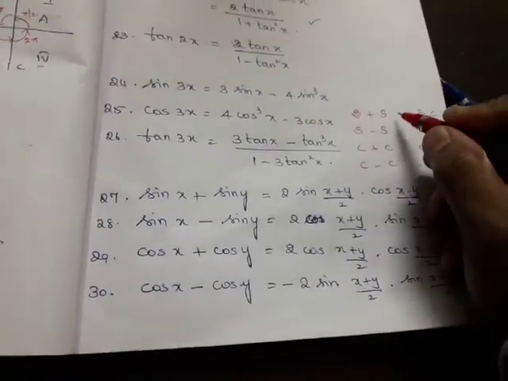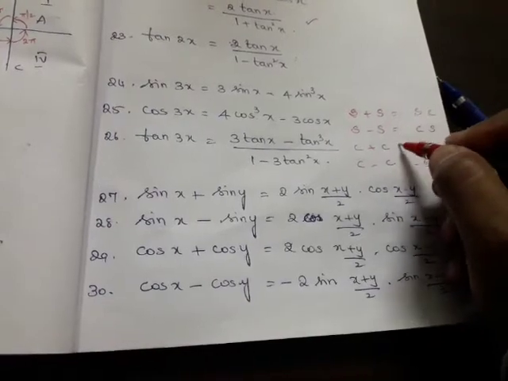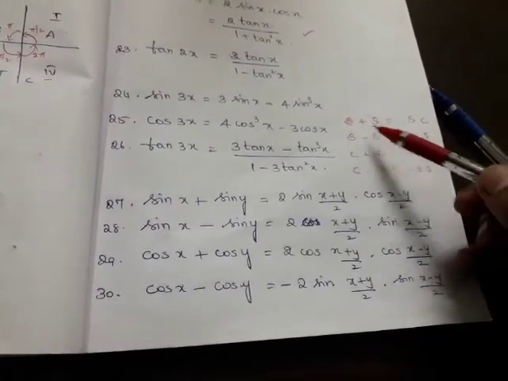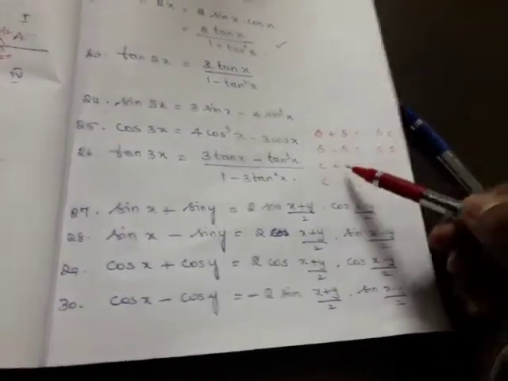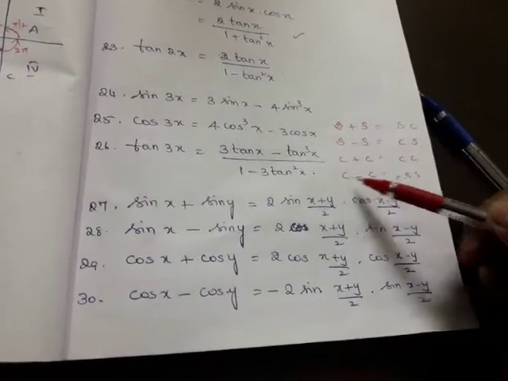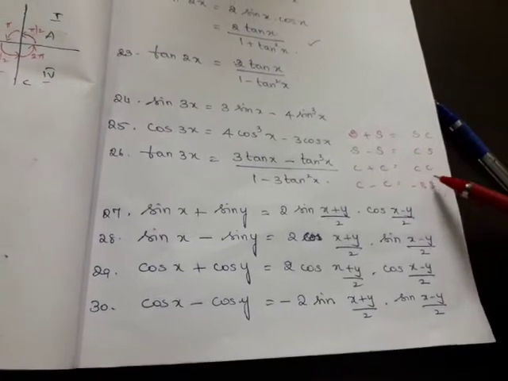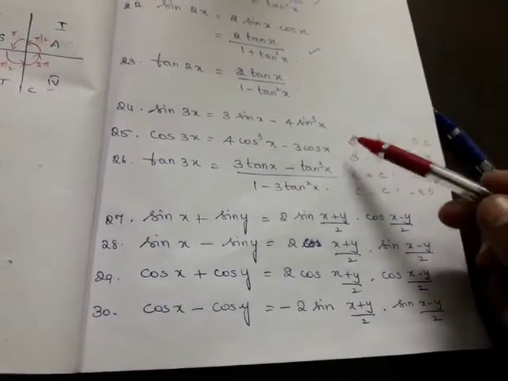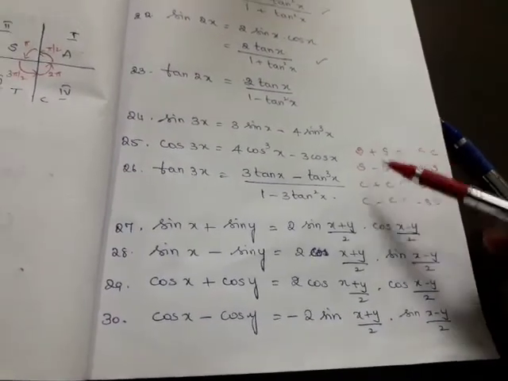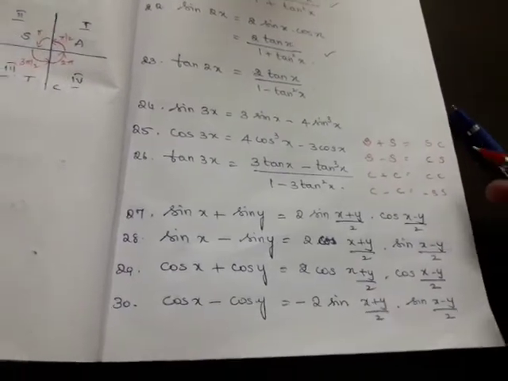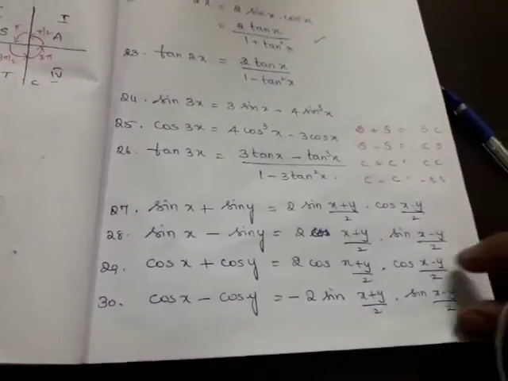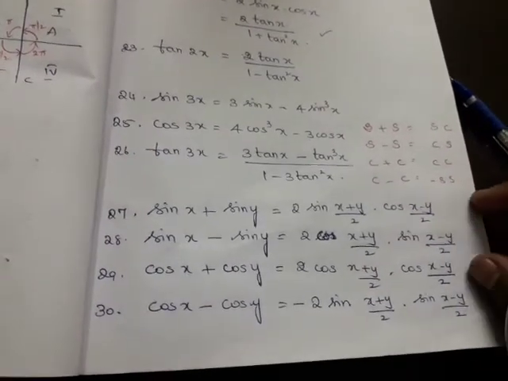This way you can remember, right? I repeat: s plus s, s minus s, c plus c, c minus c, s c, c s, c c, s s minus. If you remember this, then if you get any identity in your exam paper, you can write it in short form in a corner of the paper so that you can recall the identity.